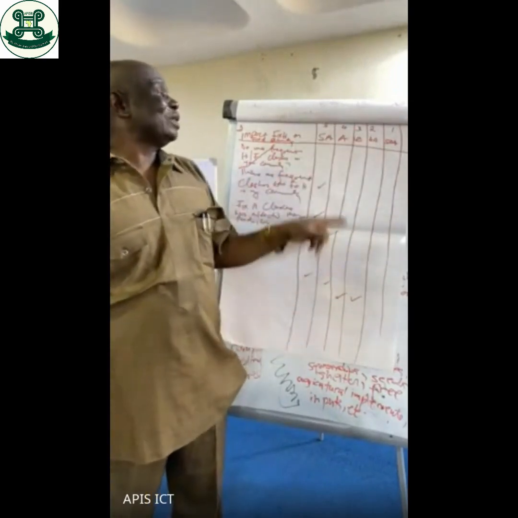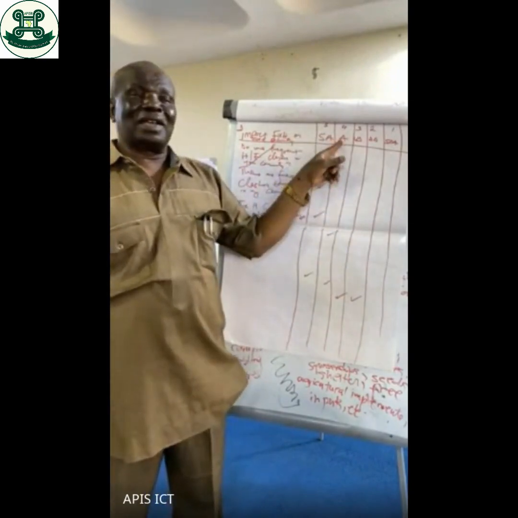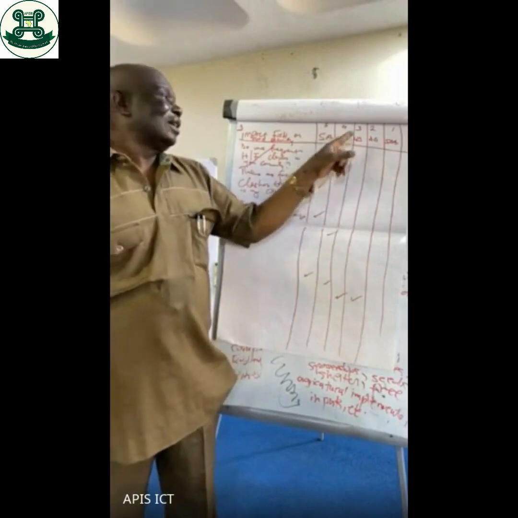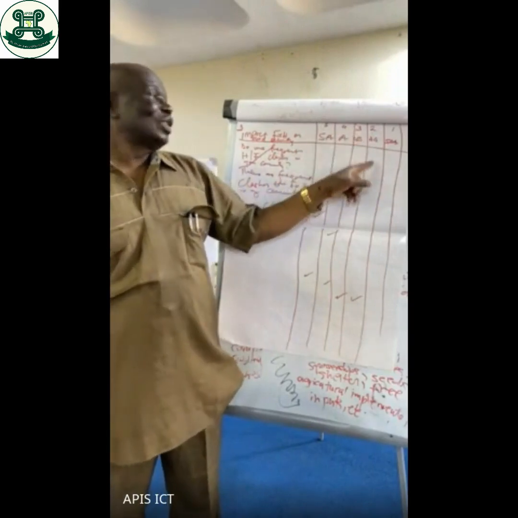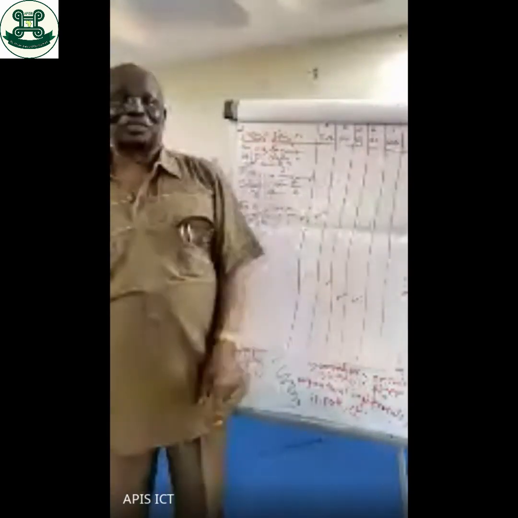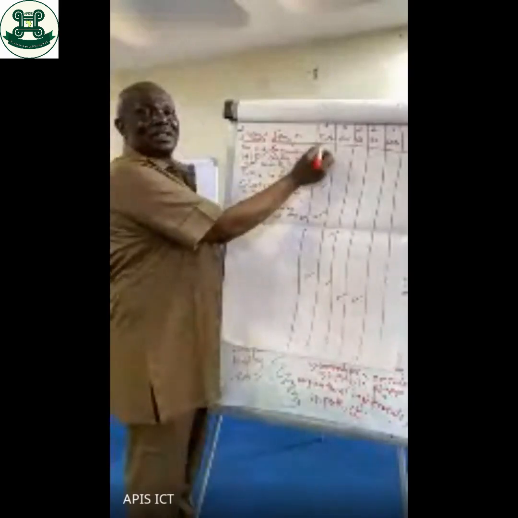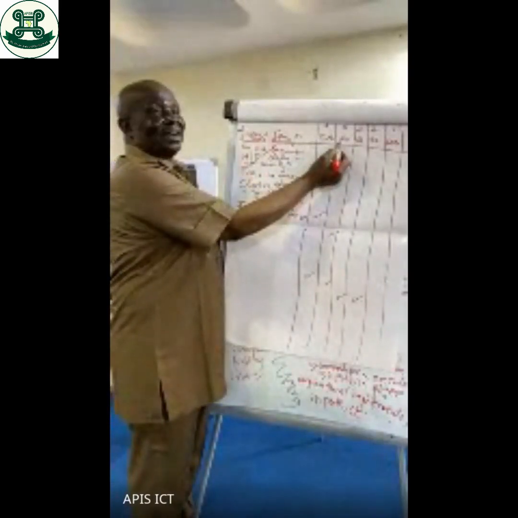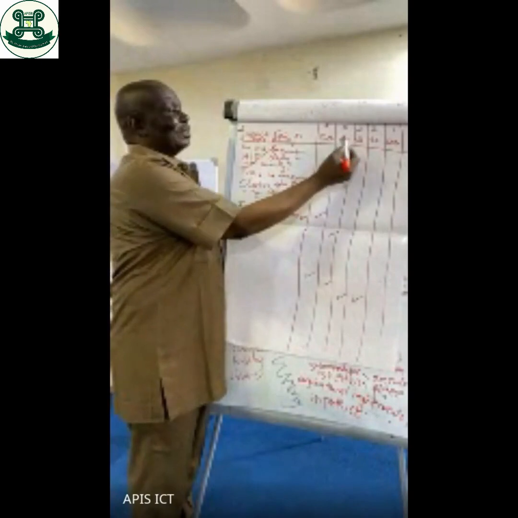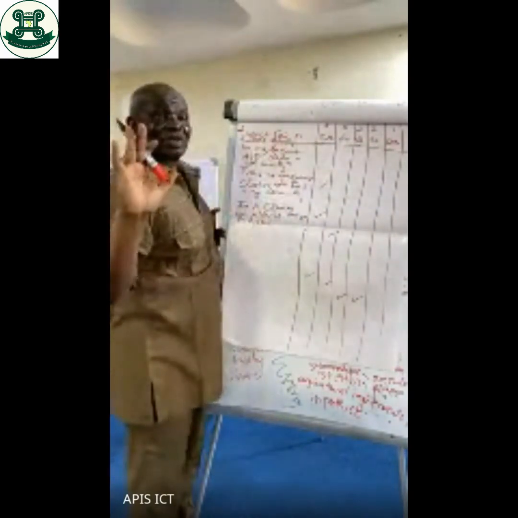So your analysis will now be SA, A, UD, DA, SDA. Maybe this one represents your public policy, this one your security, and so on.